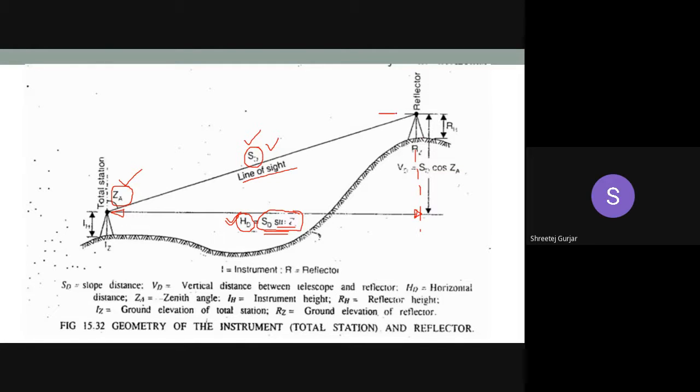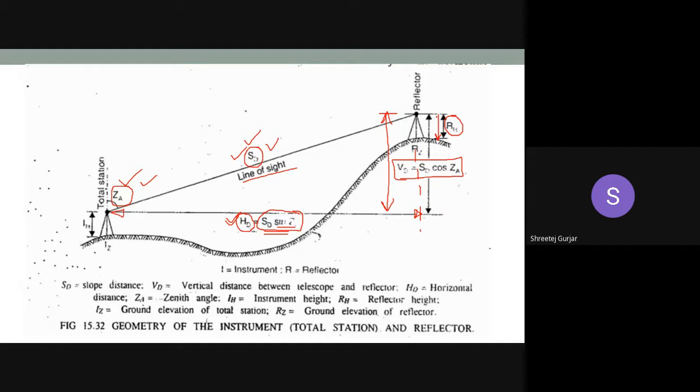Similarly, this vertical distance from here to here, right? This can also be calculated using your zenith angle and your SD. You can see vertical distance VD is equal to SD cos ZA, right? So the VD can also be calculated, and also the height of the reflector, RH, from here to here.